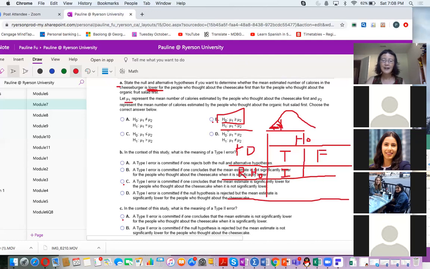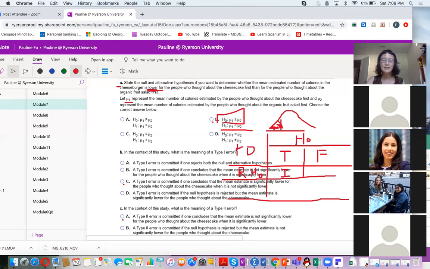So you said the mean for population 1 is lower than the mean for population 2, when the fact is that mu1 is greater than or equal to mu2, but you said mu1 is smaller than mu2. You are making type 1 mistake.